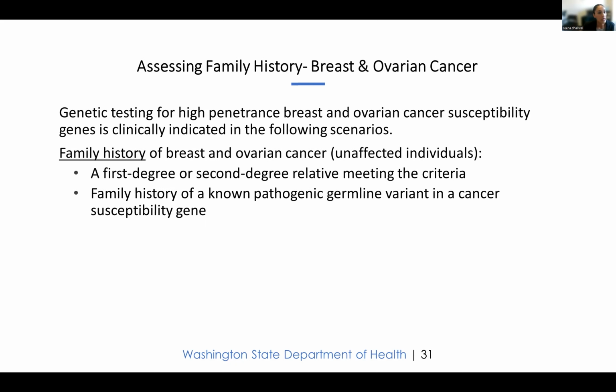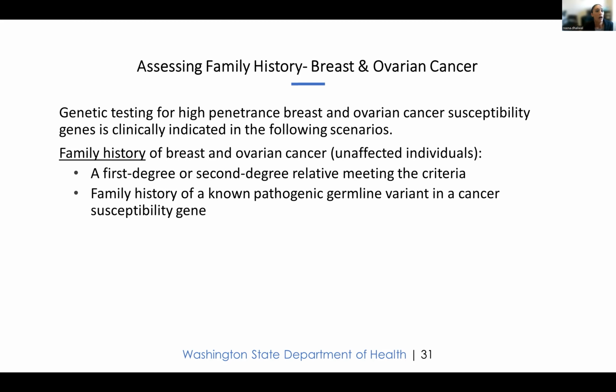So specifically now talking about unaffected individuals, so looking solely at family history, no longer looking at individuals who have a personal history of cancer. So anybody with a first or second degree relative meeting the breast and ovarian criteria. So this can be like an individual with a mother diagnosed with breast cancer at 50 years of age or younger, or a grandmother with ovarian cancer.